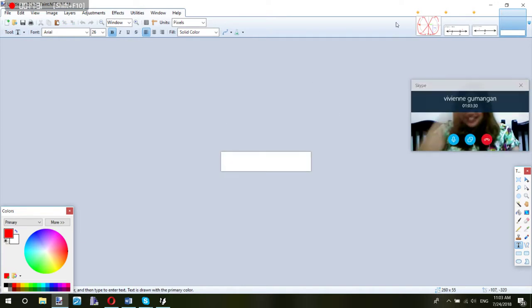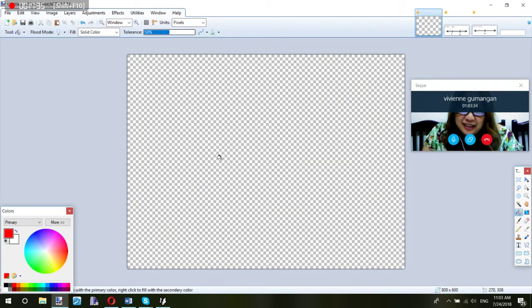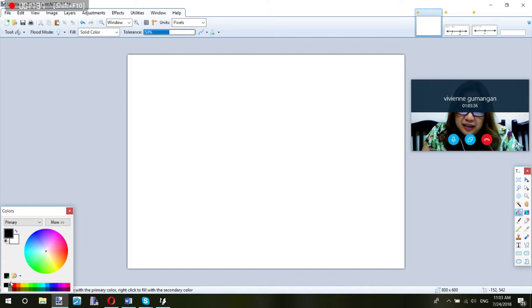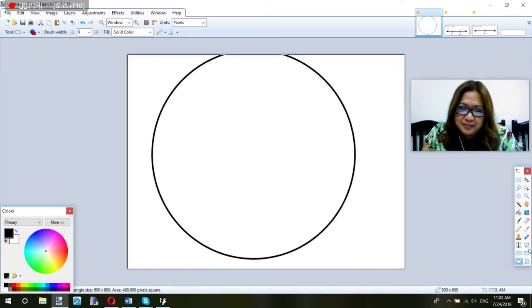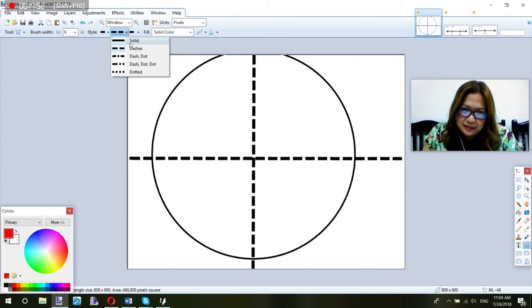I'm just going to redo this whole unit circle, but we'll do it in pi over 6. So here's our unit circle. I want to split this circle up into 6 instead, so I'll have something like this.